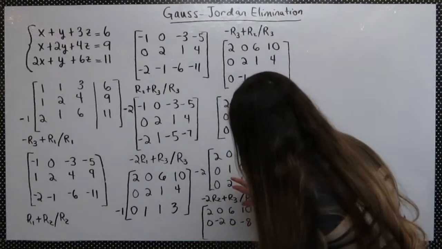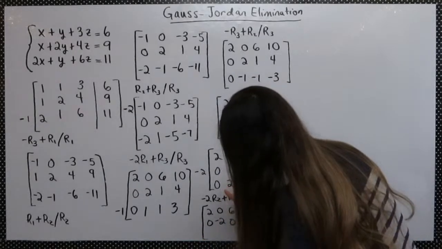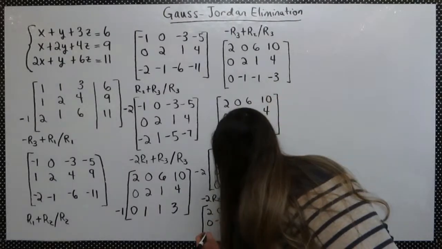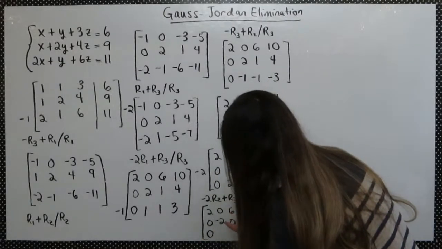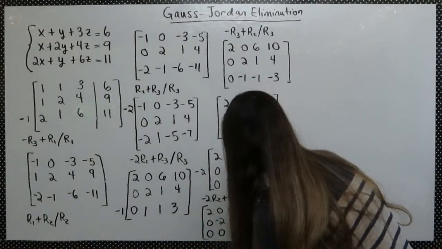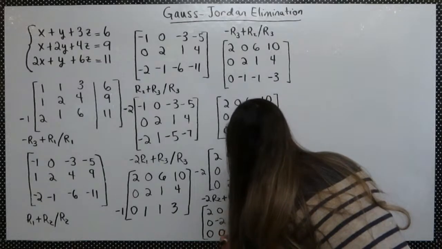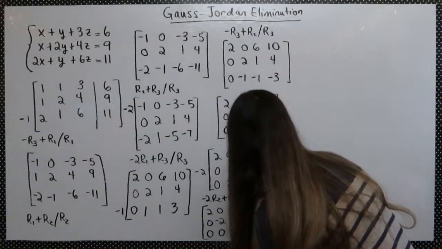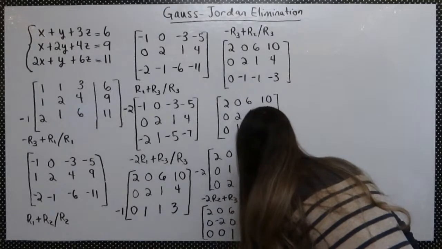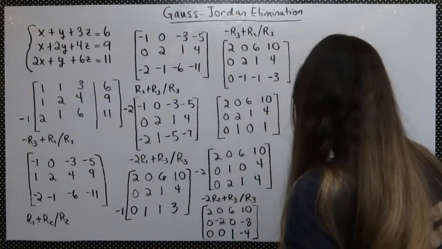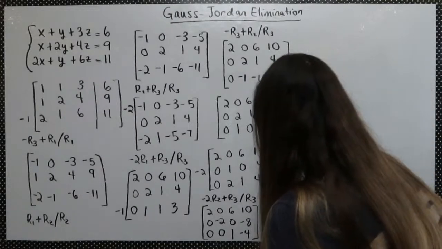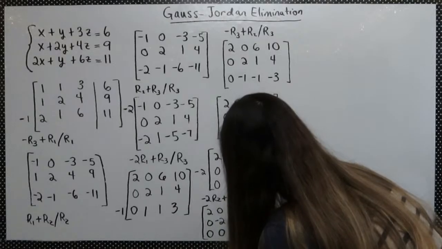And then adding this row to row 3 and replacing row 3 is going to give me 0 plus 0 is 0. 2 plus 2 is 0. 0 plus 1 is 1. And -8 plus 4 is -4. Let me see what I got now. Perfect. So it looks like the only one I have to get rid of now is the 6.